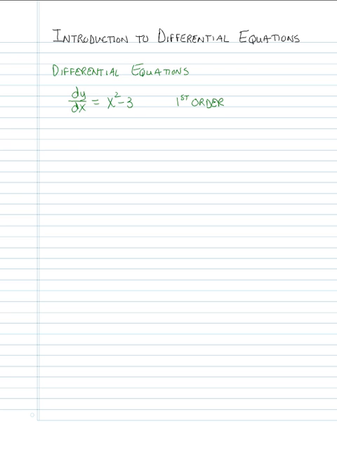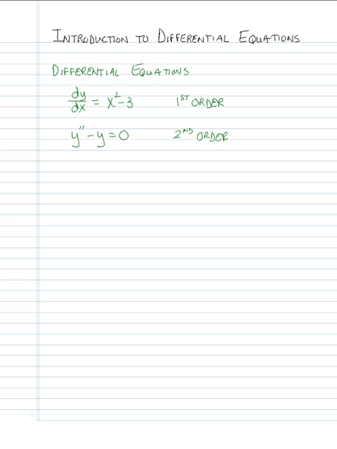All right, second example is y double prime minus y is equal to 0. Now again, this is a differential equation because y double prime is a derivative and it's part of this equation. In this case, the highest derivative is y double prime, which is a second derivative. And so we call this a second order differential equation.